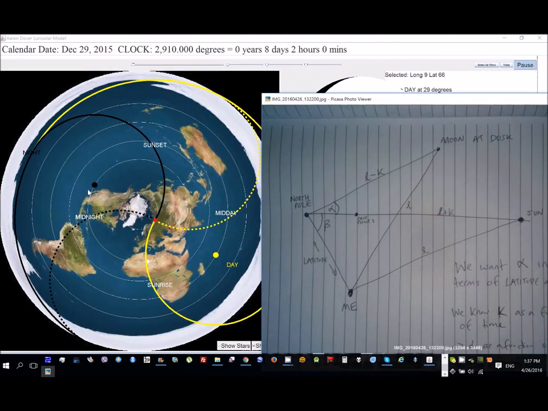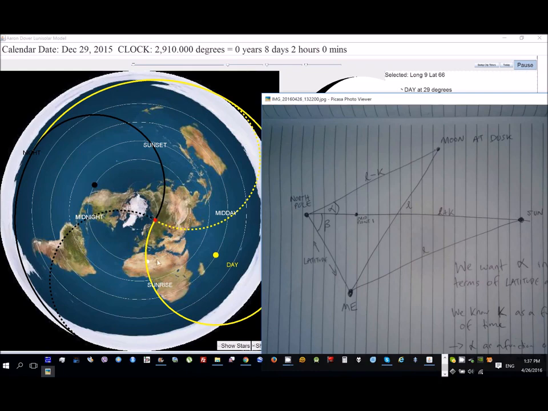The sun and moon in my model are always the same distance apart, and that distance is 2 times L. I'm calling it L. So L is the distance from the sun to the midpoint, and the distance from the moon to the sun is always 2L in my system.